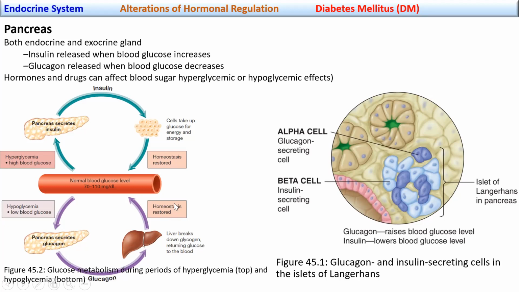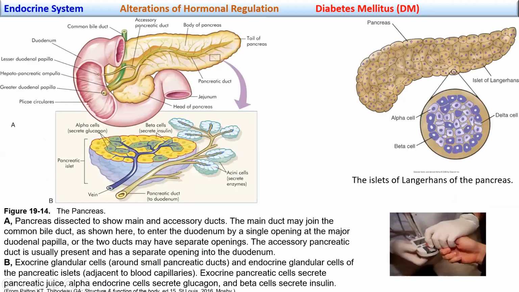Homeostasis is restored either in hyperglycemia by producing insulin, or in hypoglycemia by the pancreas producing glucagon. By the pancreatic ability of producing insulin and glucagon, we can control blood glucose level and keep it within range.